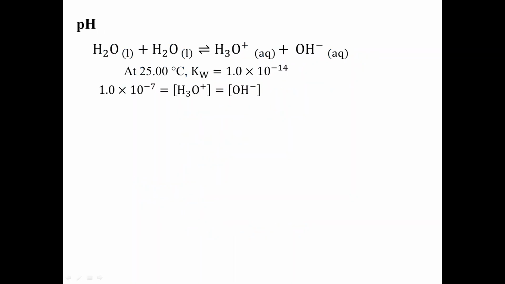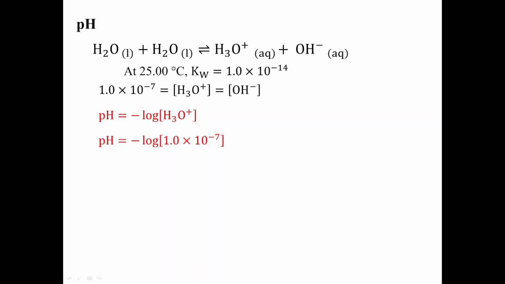So now that we know our concentration of H3O+ and OH- to be 10 to the negative 7, we can solve for something called pH. Now the P stands for negative log, and the H stands for concentration of H+ or H3O+. So we can plug in that value of 10 to the negative 7.